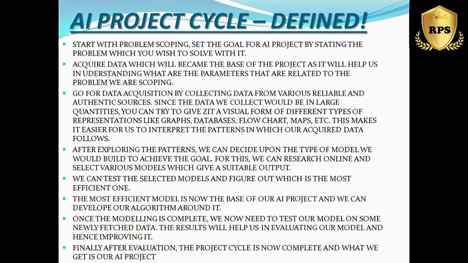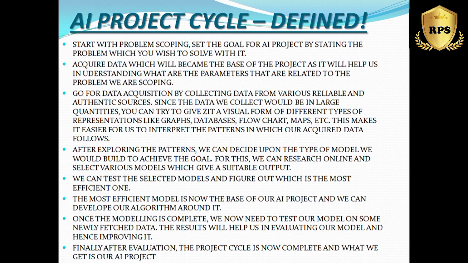After this point, you will go on to data exploration. After exploring the pattern, we can decide upon the type of model we build to achieve the goal. For this, we can research online and select various models which give a suitable output.